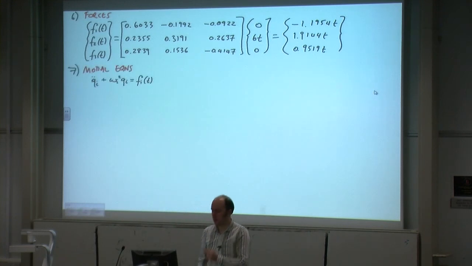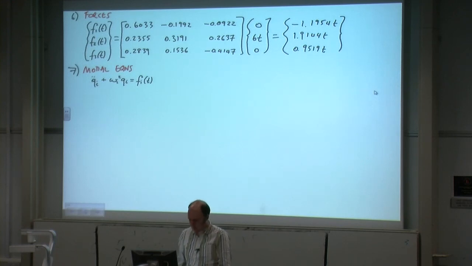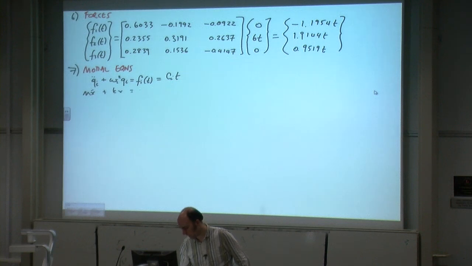So that's the form of the modal equation. And we know that this is going to be some constant times time. And we know that we've solved mx double dot plus kx equals f naught times time.